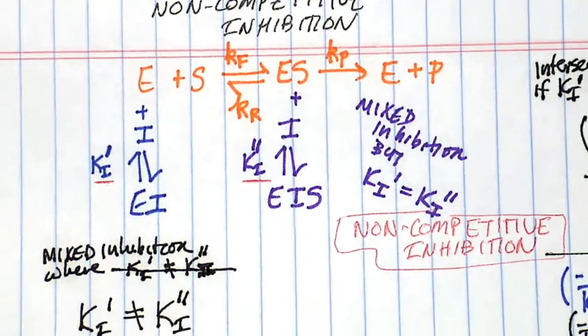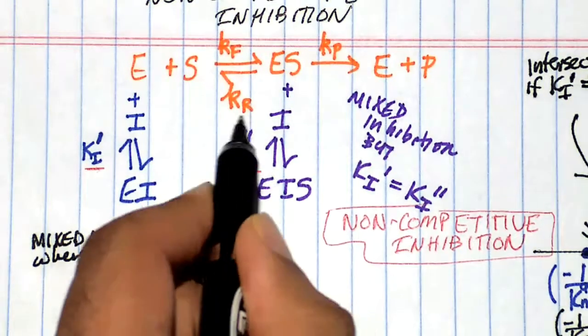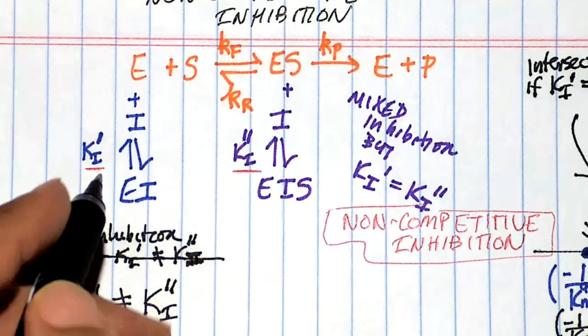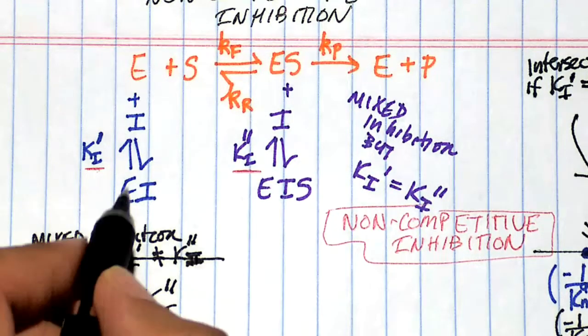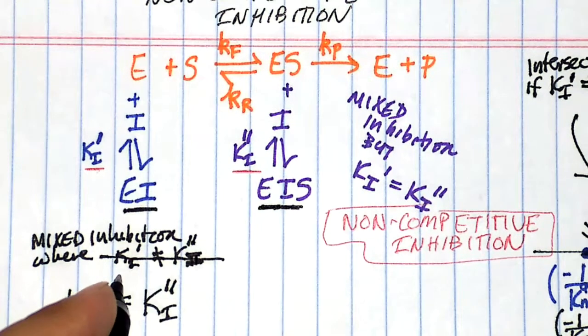Your apparent Km will actually increase depending on this Ki, this dissociation constant. Remember, a low dissociation constant means that it's going to stay in that form; it's not going to dissociate.